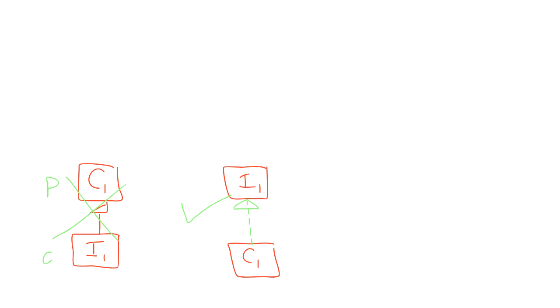If you have a class and another class, then only if you write like this, then you have extends. Or if you have an interface and another interface, then only you get the extends keyword. But here I use implements. When you get implements, you get a dotted line where the parent is an interface and the child is a class. So make a note of these very important things.